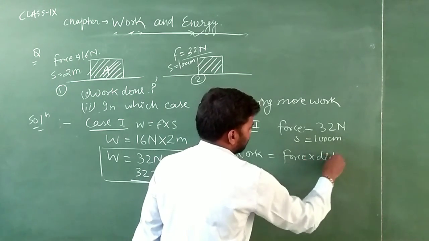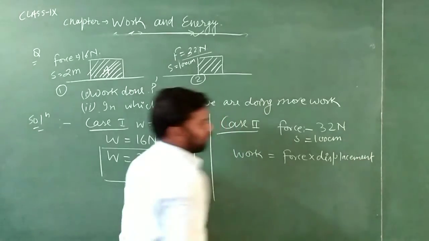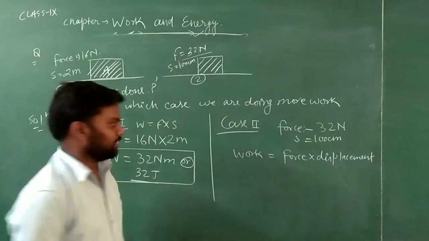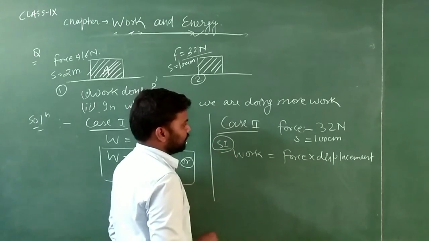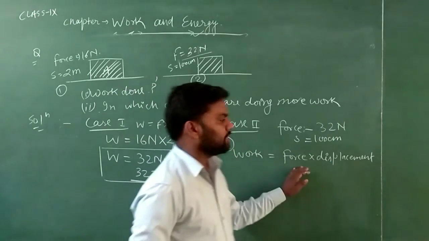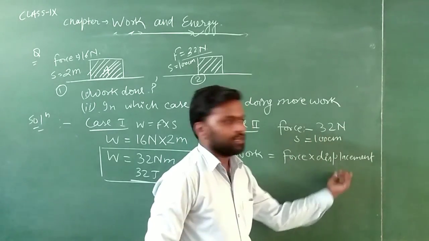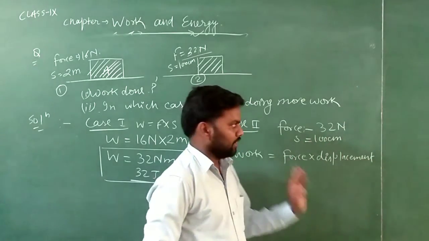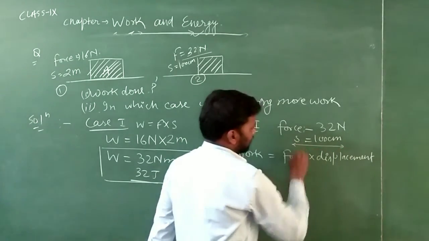We know this formula, but students, we always calculate the work in the SI system. We use only the SI system, so we need to have the quantities in SI system also. Force will be in Newton and displacement will be in meter only. But here we can see that displacement is given in centimeter.